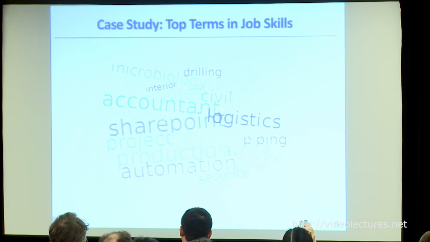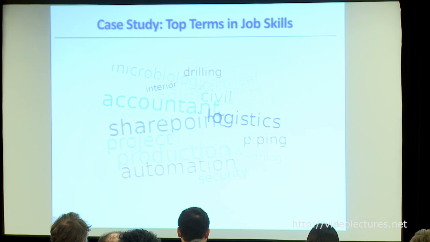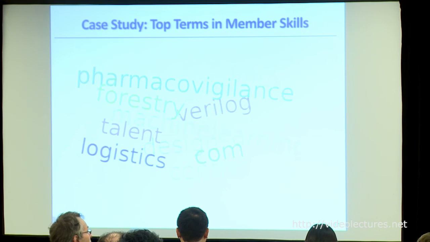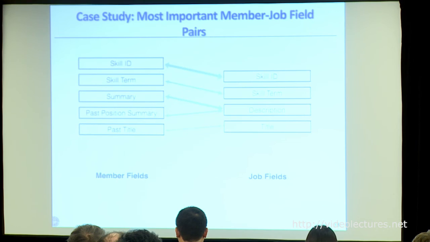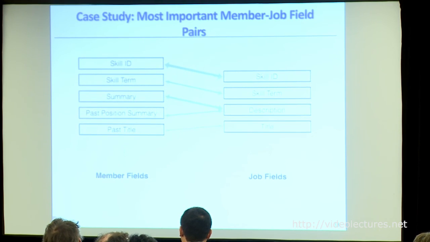It turns out that for the job skills, the top terms include words like accountant, project, automation, security, things like that. And if we look at the top terms in the member skills, we see something like control, machine learning, and things like that. We are also interested in which field in the job should match which field in the user.